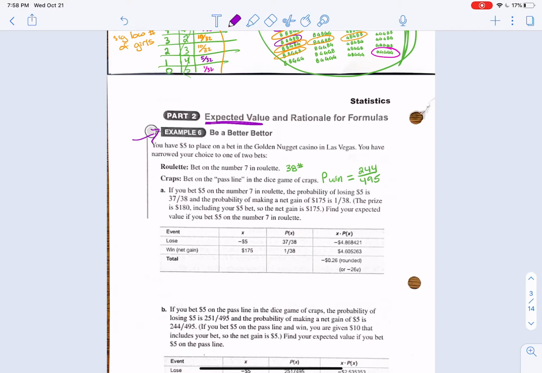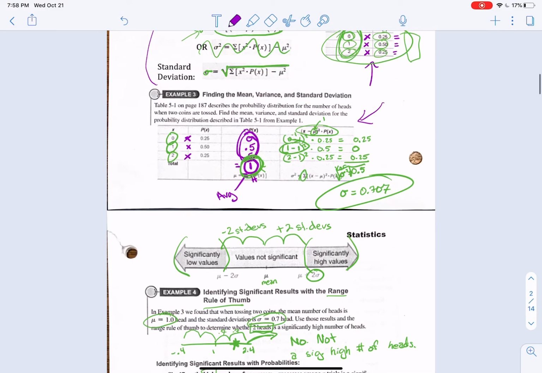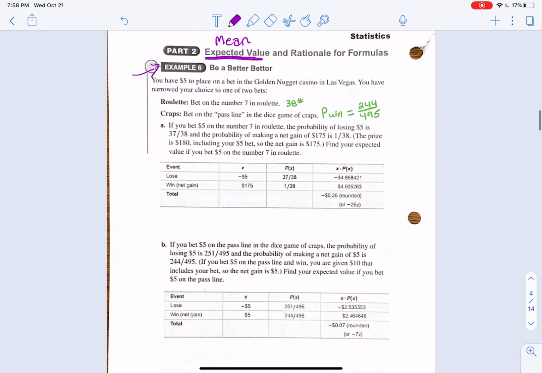How much can I expect to lose each time? Another term for expected value is finding the mean. So we are finding the mean of a probability distribution, and we know how to do that. We've done that up here, where you just take the x's and multiply by the probability of those happening and then add them all together. Okay, so we're going to see how this breaks down.